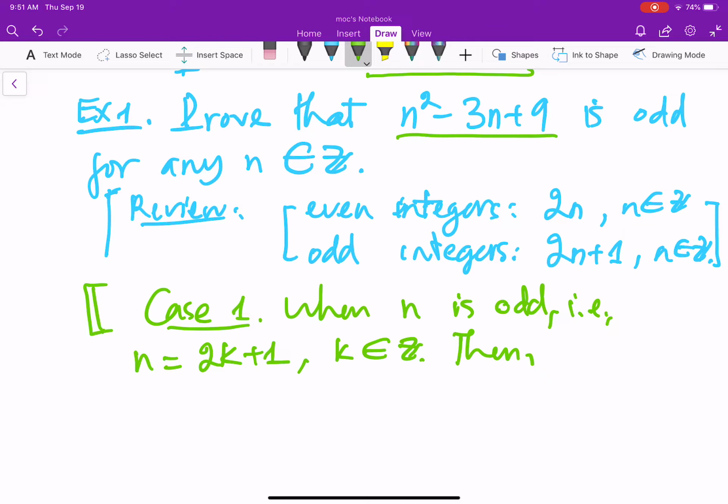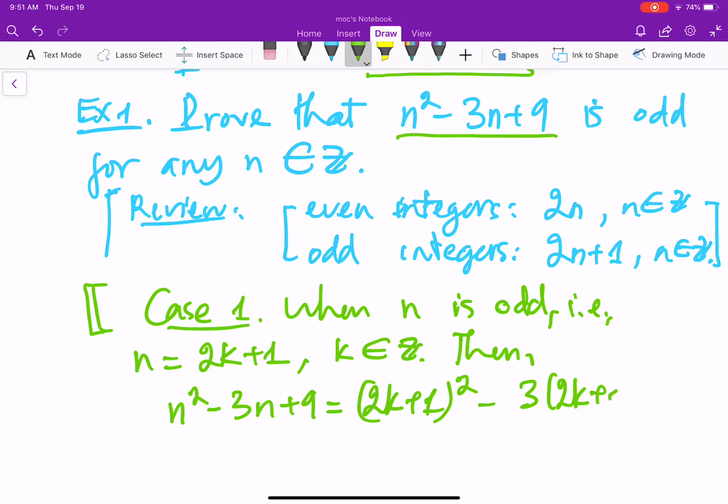We write n squared minus 3n plus 9 is equal to (2k plus 1) squared minus 3 times (2k plus 1), and then plus 9.